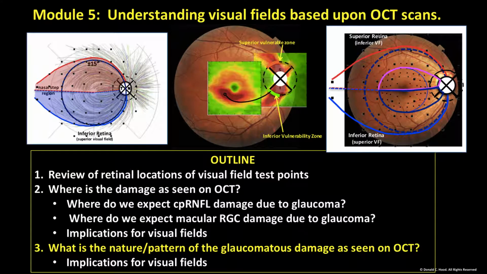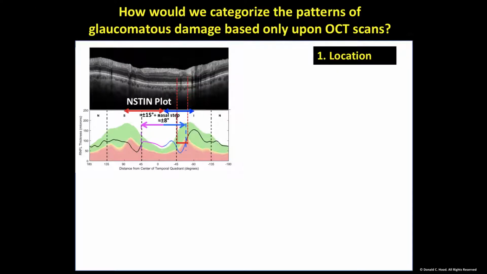All right. So what is the nature or pattern of glaucoma damage as seen on the OCT? So here's the Gedanken or thought experiment I want you to do with me. Suppose we didn't know about visual fields, or at least we didn't know about static automated perimetry.